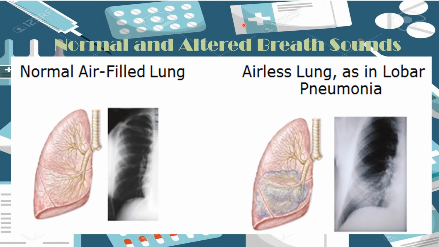Or you can also use your whispered pectoriloquy. For the airless lungs, the tactile fremitus is increased, because fluids and solids transmit sounds and vibration waves better than air. So when lung tissue loses its air, it transmits a high-pitched sound much better.